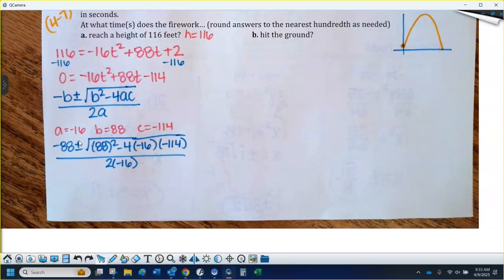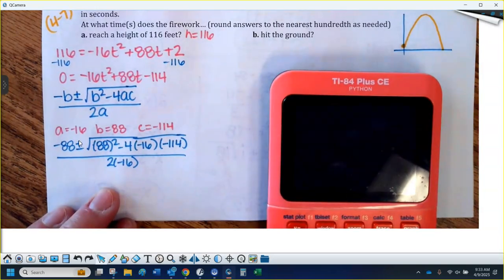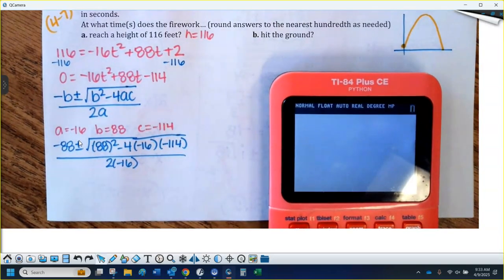Now, this is totally up to you, but I like to simplify just a little bit before I actually try to solve the problem. So what I do is I take whatever's under the square root, but not the square root. Don't put the square root in here. I'm going to do 88 squared minus 4 times -16, oops, I can't hit my parenthesis button, times -114.